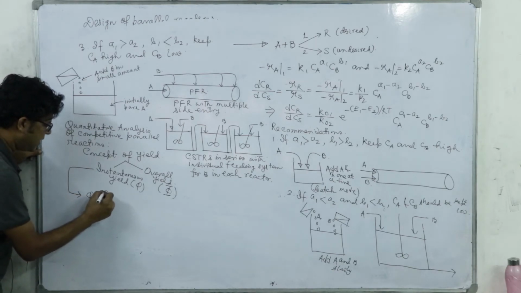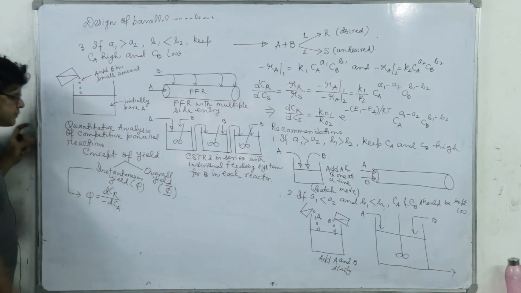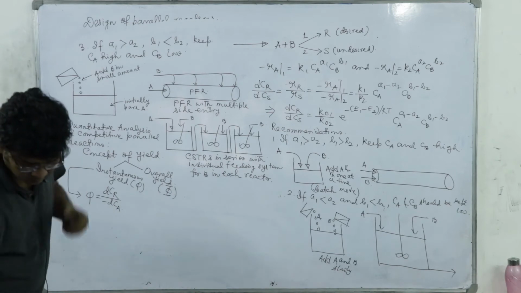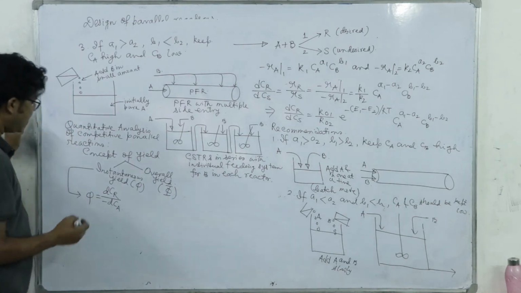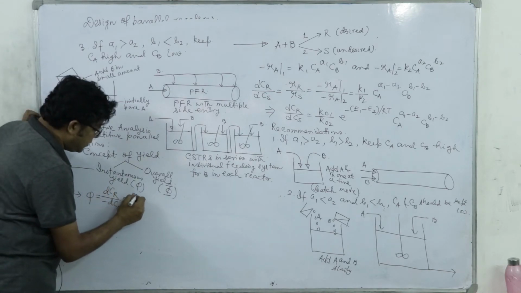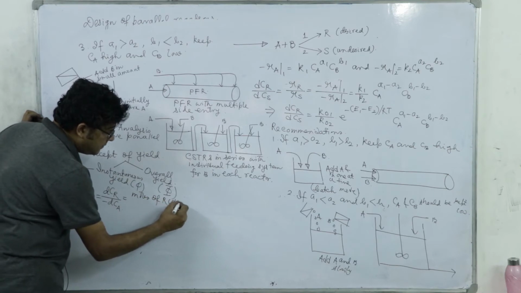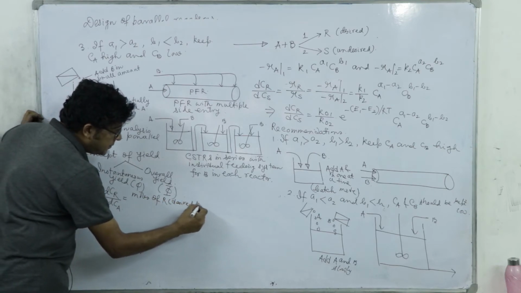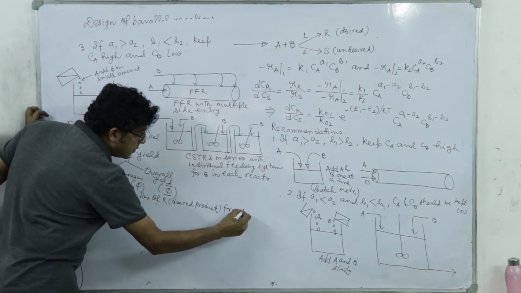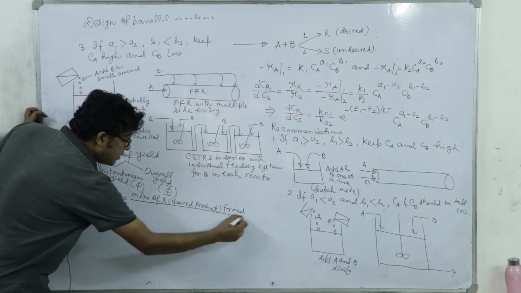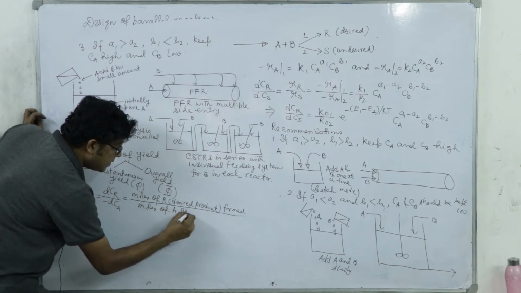It is defined as dCR by minus dCA. Moles of R formed divided by moles of A reactant. So it is moles of R, the desired product, formed by moles of A reactant.